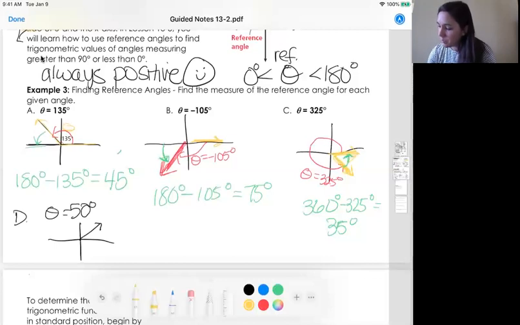What would be the reference angle? Remember, it's the acute angle formed between the terminal side and the x-axis. So it's actually the same angle. So if you are in quadrant 1, theta is equal to the reference angle.